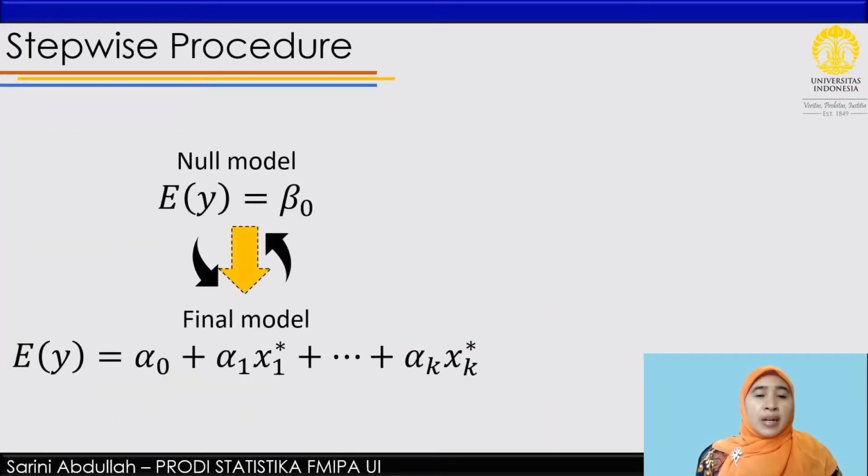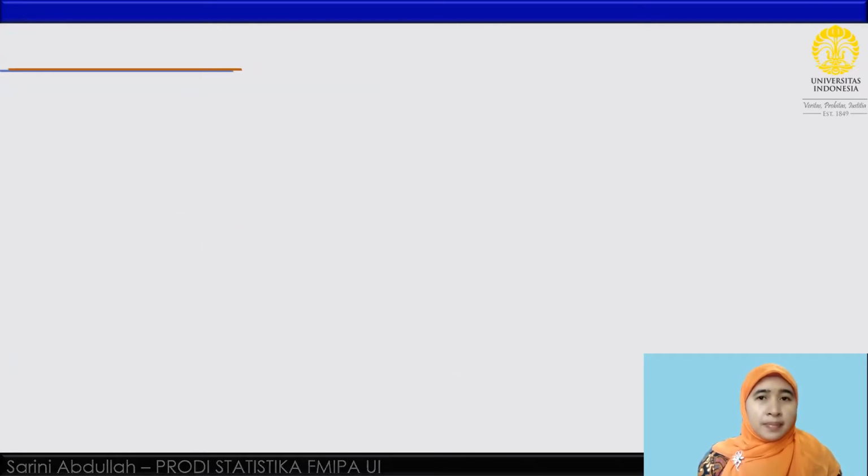And then we learned in the previous videos that stepwise procedure gives us a good result in selecting the best k predictors under a certain mechanism.